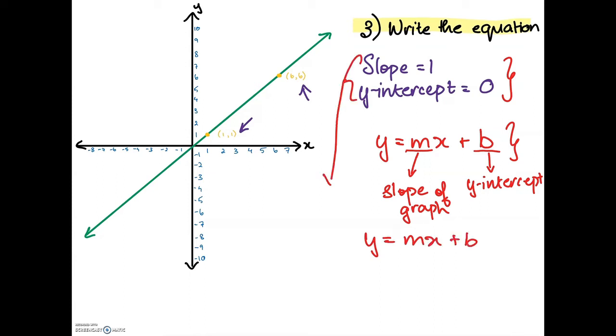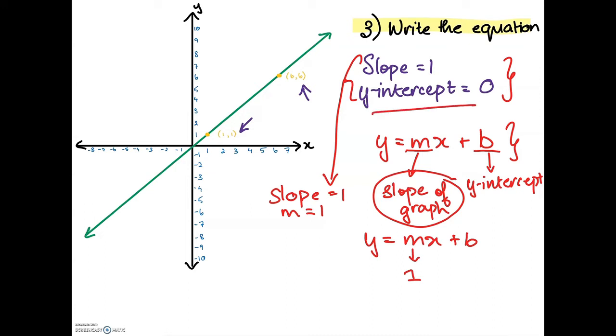From this information, we know that our slope is equal to 1, which means that m is equal to 1 because m is basically the slope of the graph. So for m, we can substitute 1. And we know that the y-intercept is equal to 0, therefore making b equal to 0 because b is essentially your y-intercept.